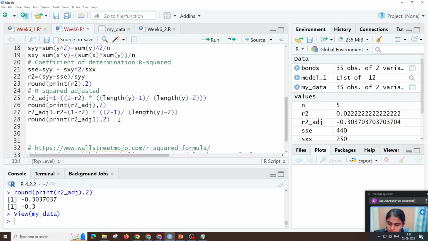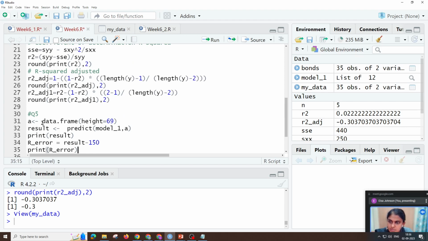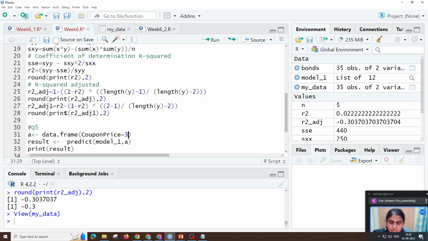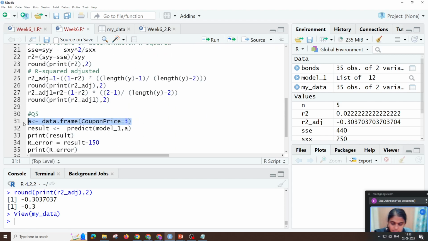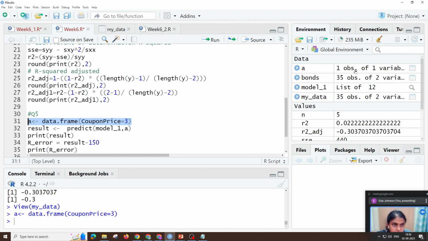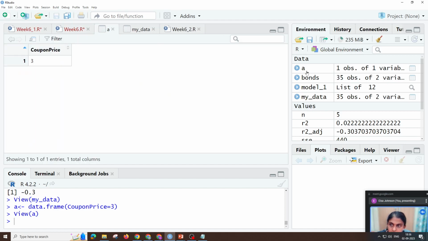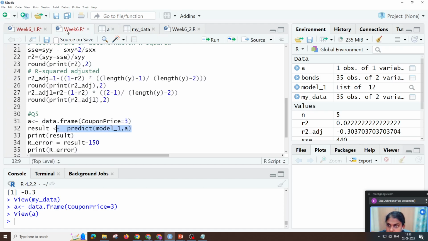So for the fifth question, I'll give you data.frame, it's not height, it's the coupon rate, equal to 3. Right now our model is model 1 itself, so I will be giving that to A. Just ask like that.